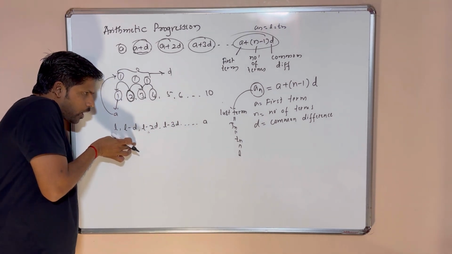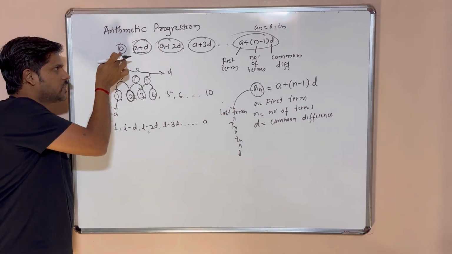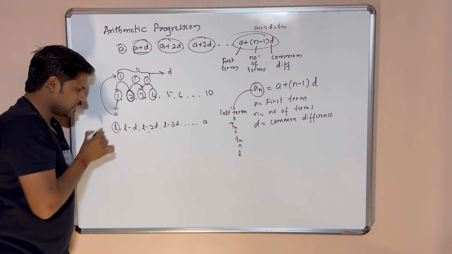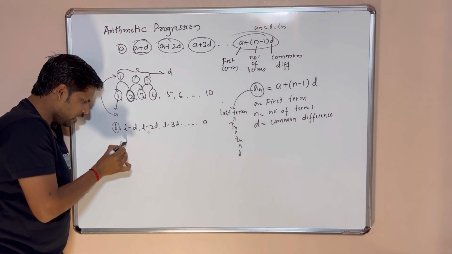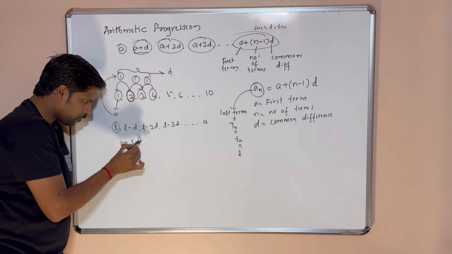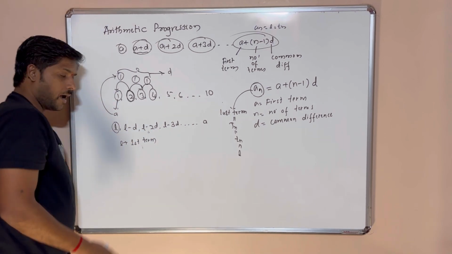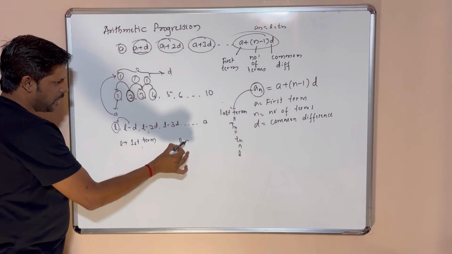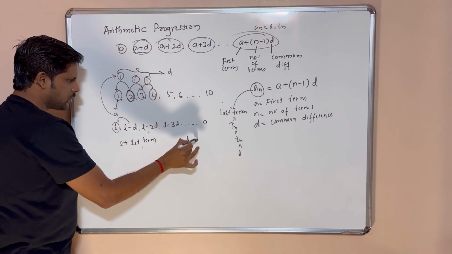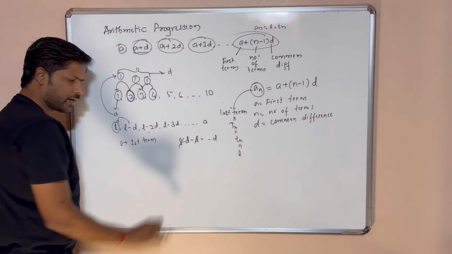Now I am going to compare this with this equation. Here first term is a, but here first term is l. And what is the common difference between these two? See here, l minus d minus l. Here plus l minus l get cancelled, we remain with minus d.